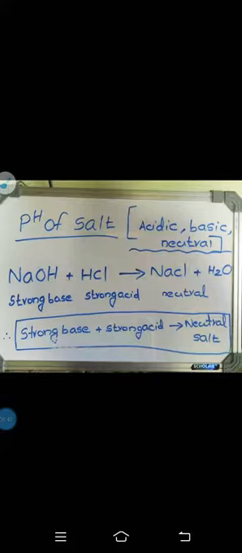Example, NaOH plus HCl give NaCl plus H2O. This salt NaCl is formed from NaOH and HCl. We know that NaOH is a strong base. HCl is a strong acid.